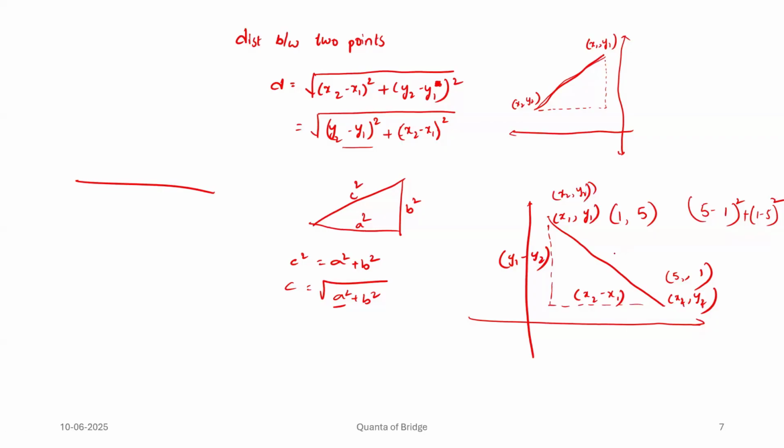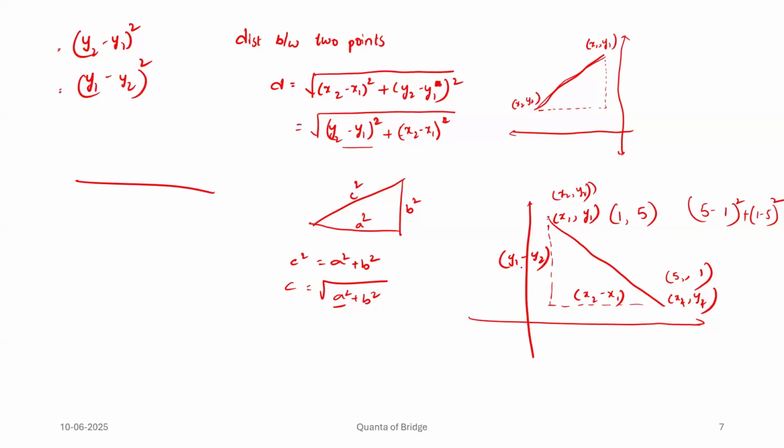Either way is okay. But what I mean to say is that you are squaring here, right? y2 minus y1 whole square, y1 minus y2 whole square. Is there any difference between these two? No. It's squaring, so in the end it will be the same. Minus 4 or plus 4, it doesn't make any difference to you.